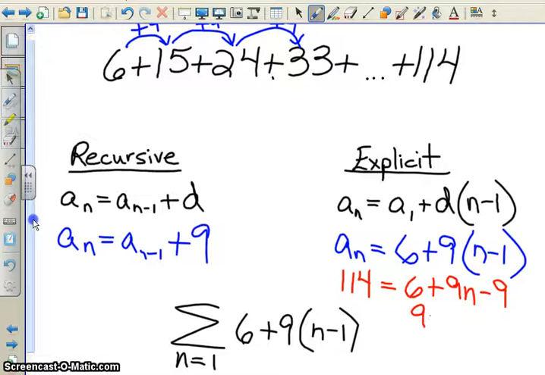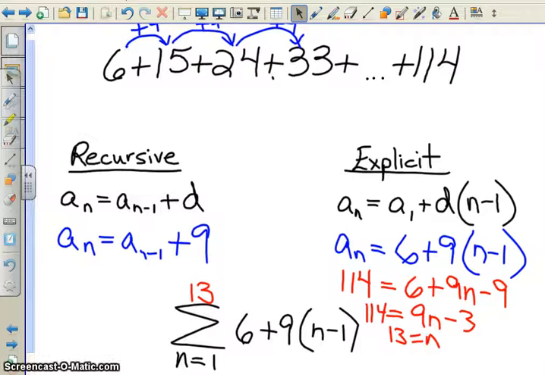Combining like terms would be 9n minus 3. And now solving this for n, I'm going to do 117 divided by 9, which is 13. So I know that 114 is the 13th term in this series. So there's my top number on my sigma.